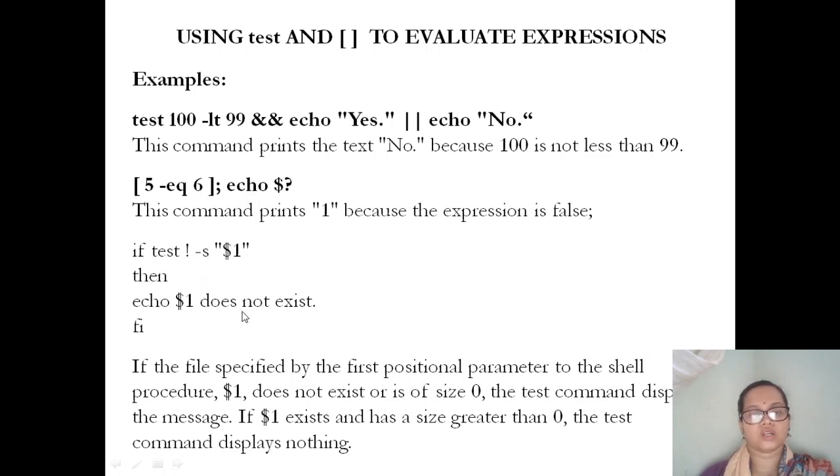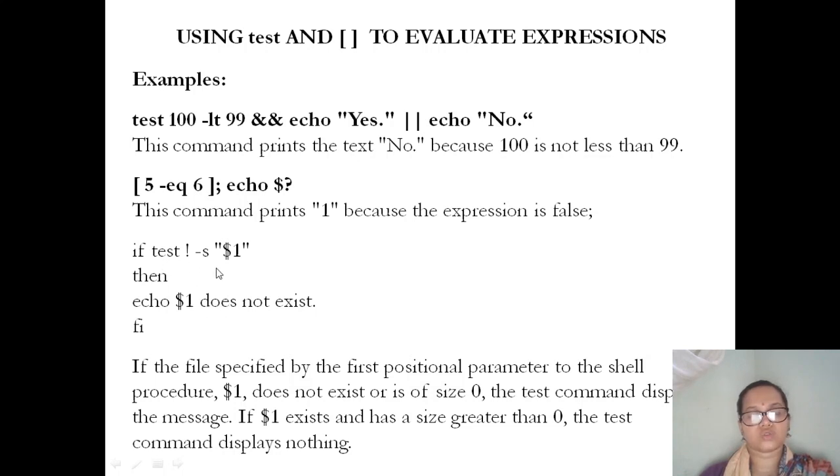Now the next instance: we are checking with if test is not -s $1, then echo $1 does not exist. What it is doing is checking the file specified by your first positional parameter, the parameter you pass to the shell procedure. If $1 does not exist, or if the file size is 0, then the test command will display the message saying it does not exist.